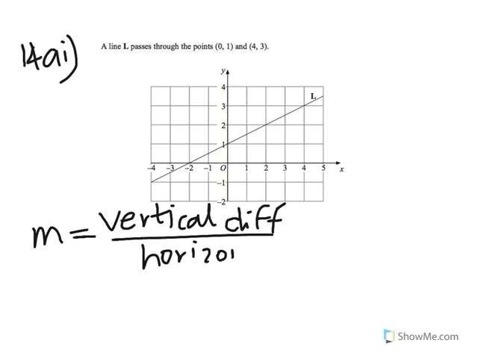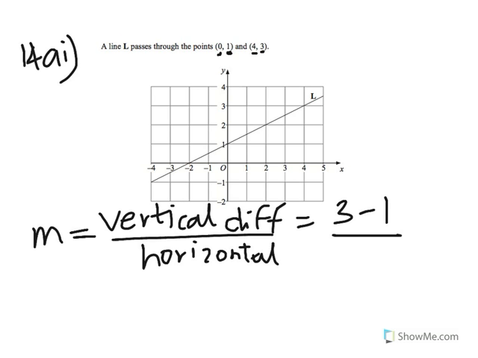So you have 2 points on the line, (4, 3) and (0, 1). The vertical difference is the second y value minus the first y value, over the second x value minus the first x value. So the vertical difference is 3 minus 1, because the increase in the vertical is 2, right?